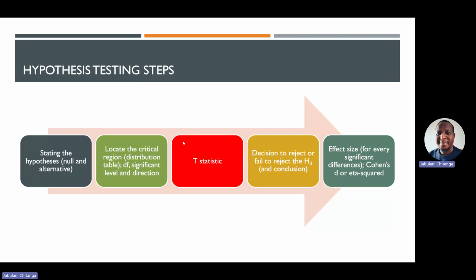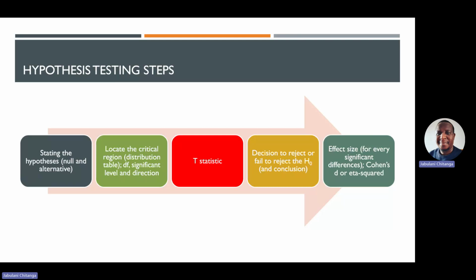You can read that. I don't want to focus much on that. The second step, though there can be other steps depending on the textbook, is to locate the critical region using the critical value. In the last pages of most textbooks, there are critical value tables.